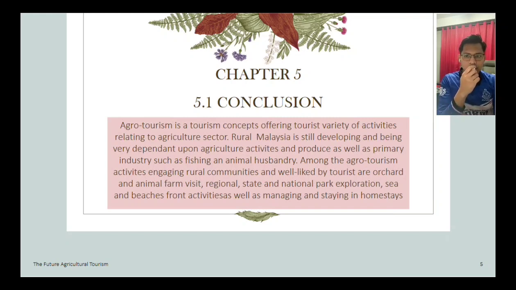The Ministry of Agriculture and Agri-Based Industry, MOA, with its many departments such as the Department of Agriculture, DOA, Department of Fisheries, DOF, and Department of Veterinary Services, DOV, located in many states, are accountable for identifying the areas that could be developed into agritourism attractions.